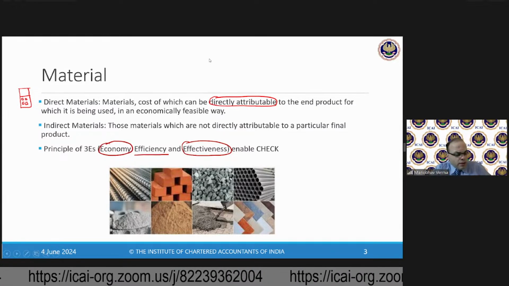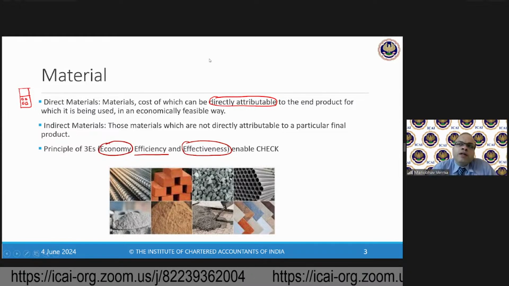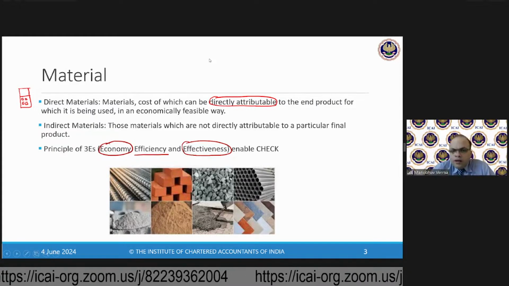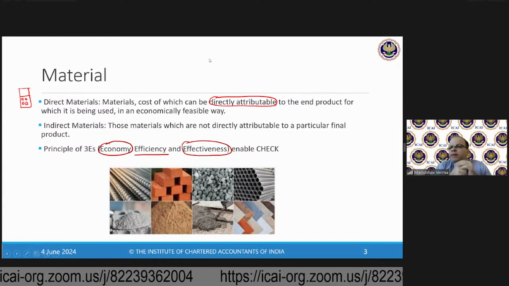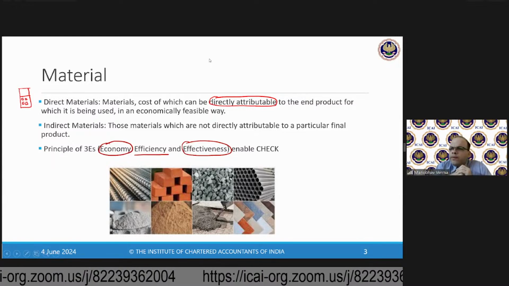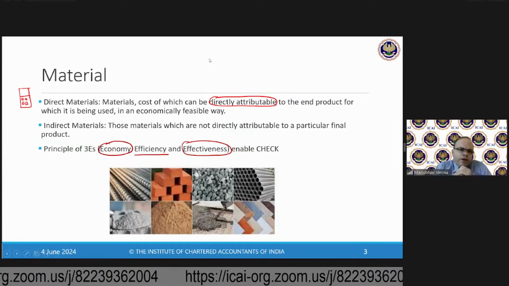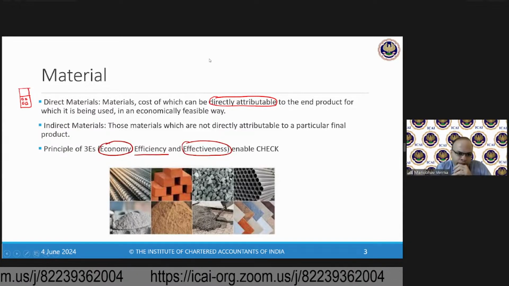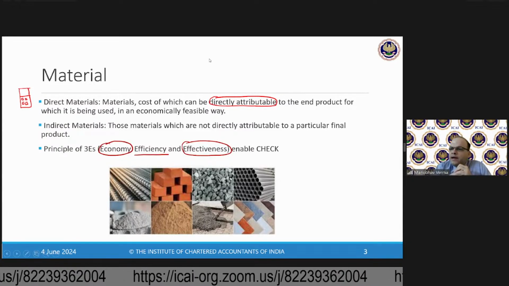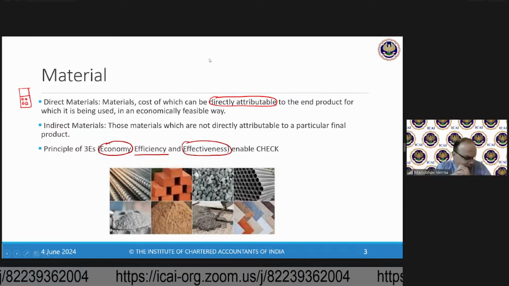Okay, so let's start a little bit on the material control part. What could be the objective of material control? Why is it important for us to control the material usage? What do you think, guys?